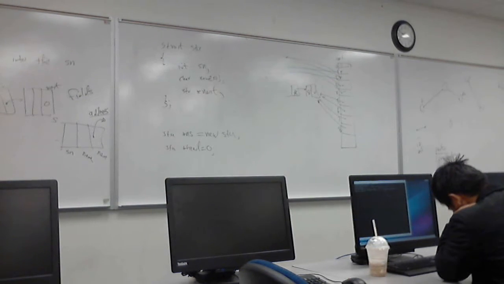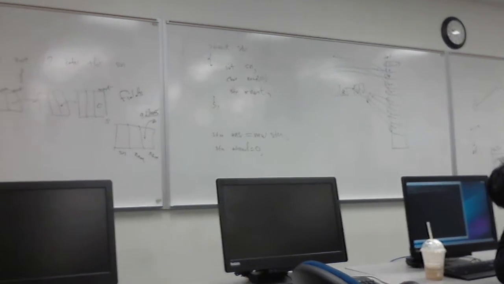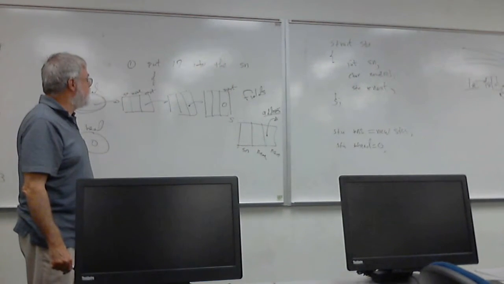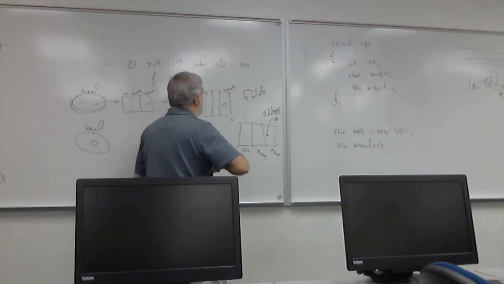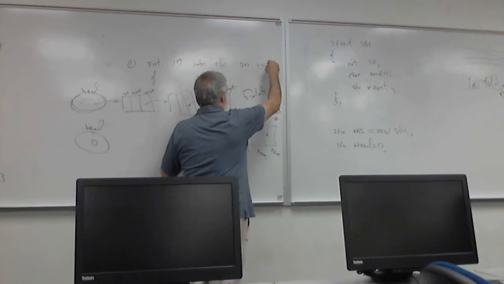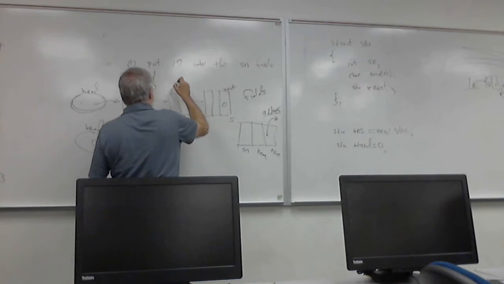Okay, so problem 1, you were supposed to put 17 into the SN, the student number field of the struct pointed to by NS.